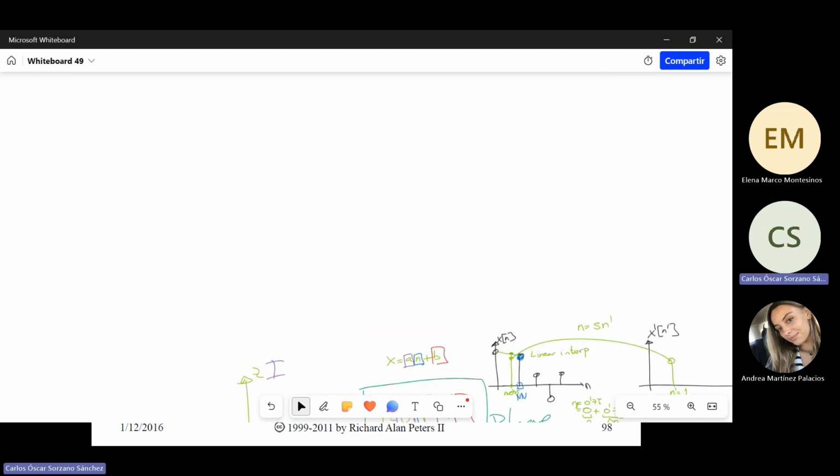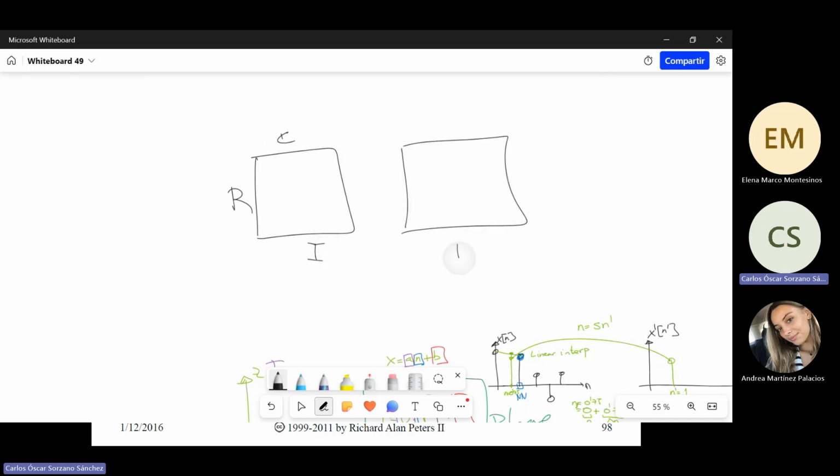So let's say that we have a couple of elements. Now we have the image I plus R prime, C prime.